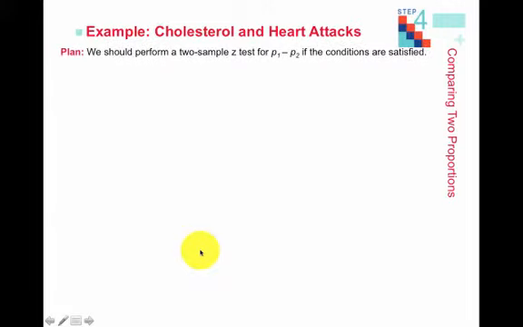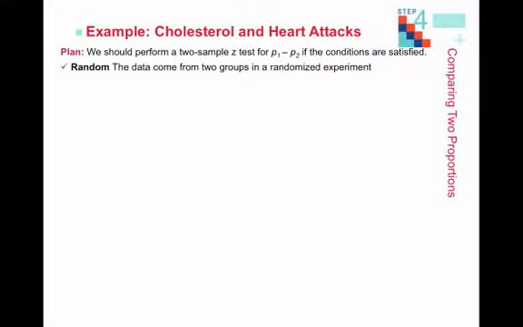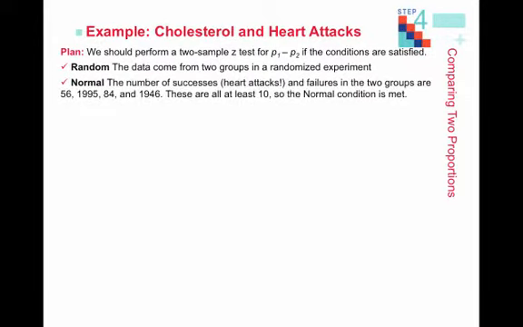So here we go. We're going to perform a two-sample z-test if these conditions are satisfied, and whether you're using a calculator or doing this by hand, you must check these conditions. Random. Our data came from randomly selected groups. Normal. We got N1 P1, N1 minus P1, N2 P2, and N2 minus P2, and these are all at least 10. You know what these are; we're used to these.